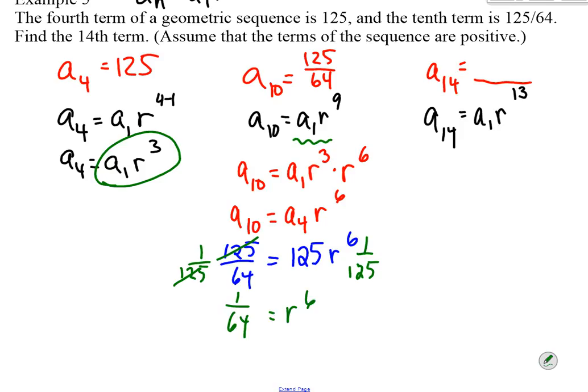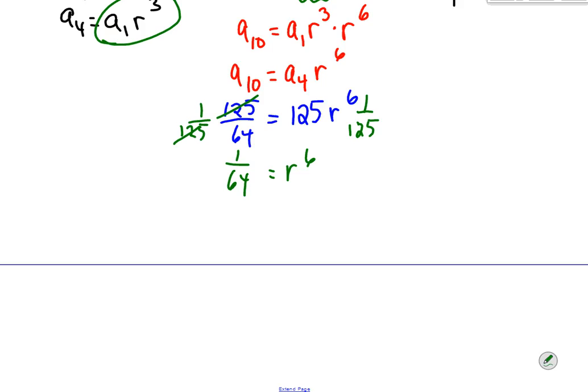Then I can either take the 6th root, or personally, I can notice that 64 is a power of 2. 64 is 2 to the what? 6.